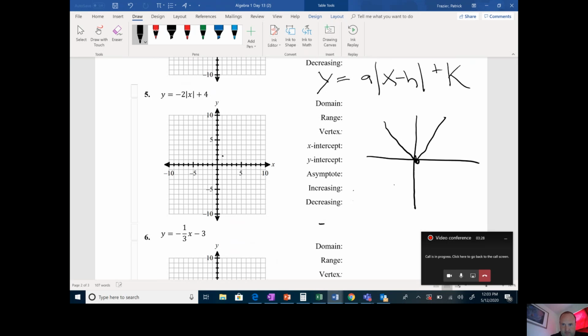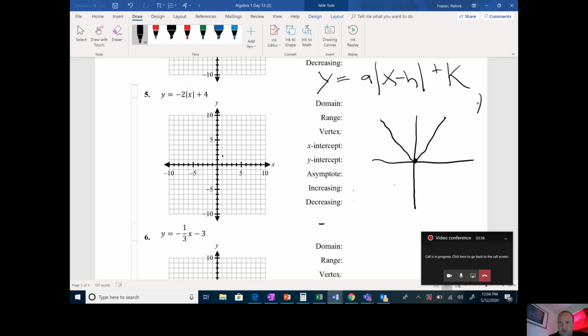But naturally, if h equals 0 and k equals 0 and a equals 1, meaning the slope is just 1, literally, then the shape of the curve for y equals absolute value of x, where a is just 1. It's 1 times absolute value of x minus 0 plus 0.